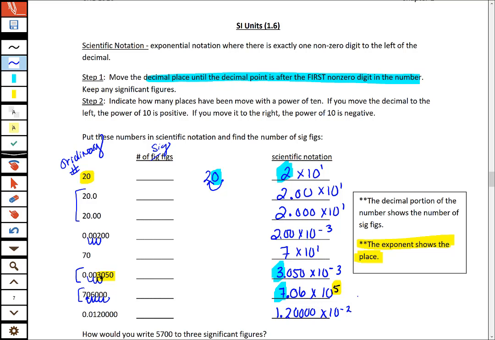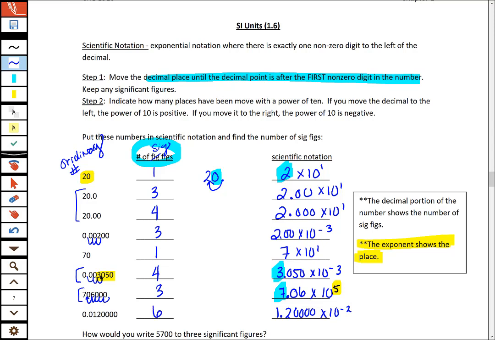So now that you've started to be introduced to significant figures, you should be able to look at this column here and write out how many significant figures each of these values has. And this one I actually have to count, 6.